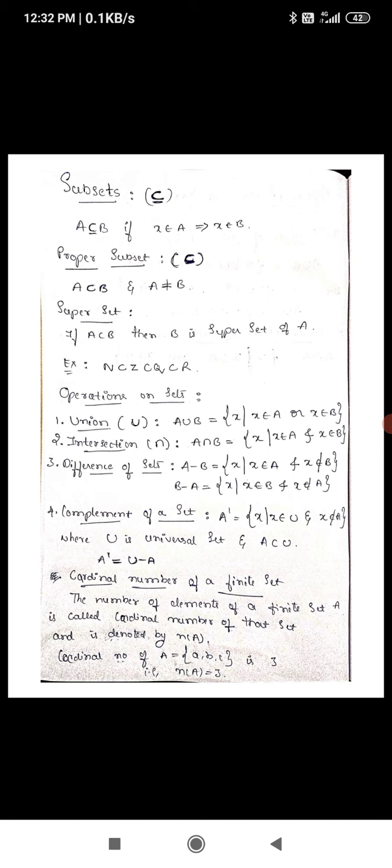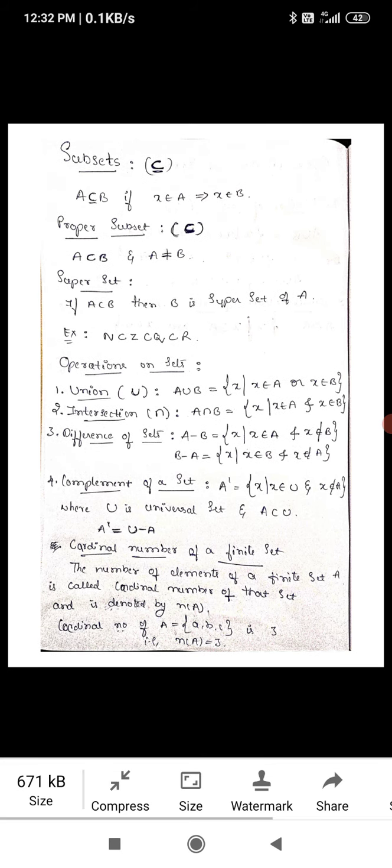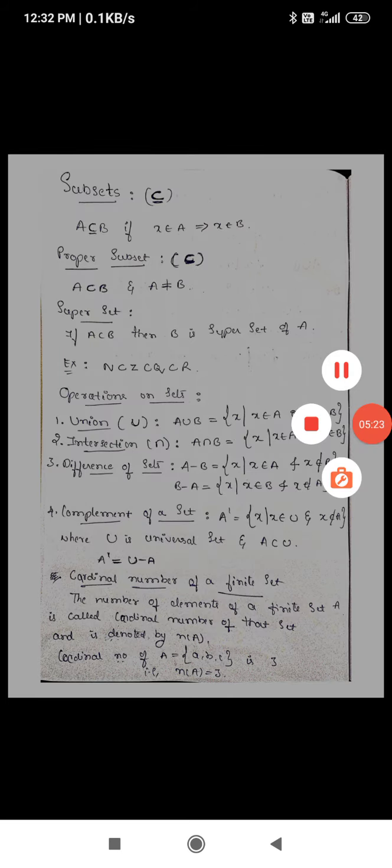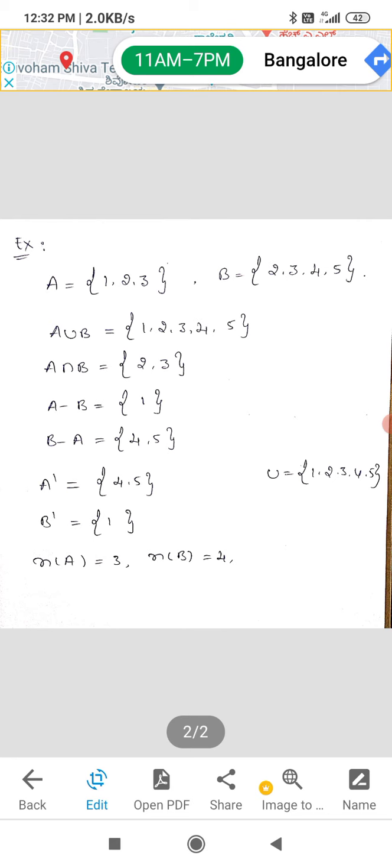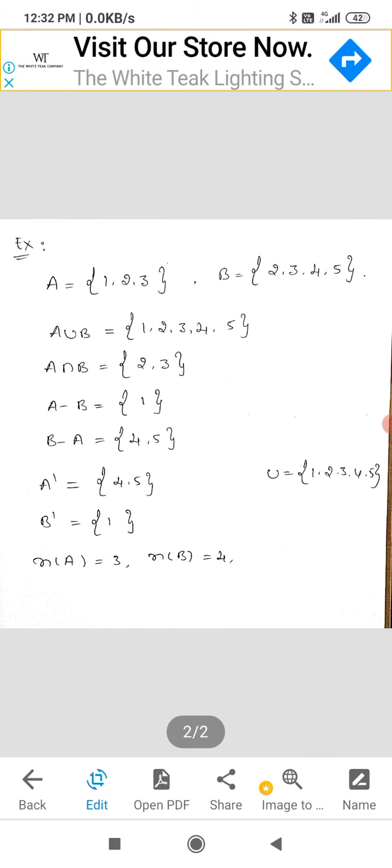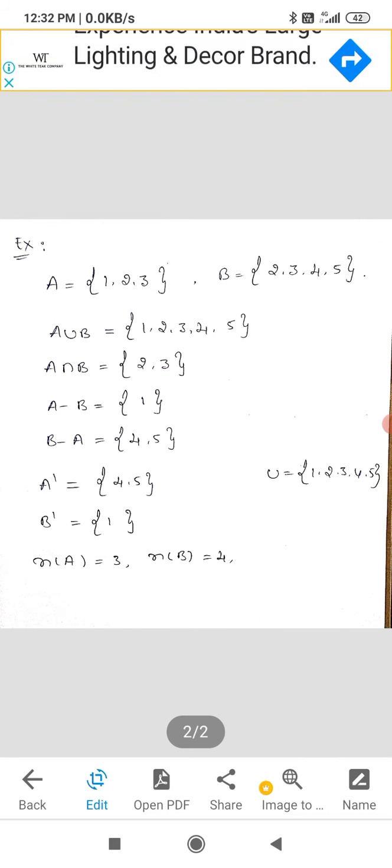Let us see some examples for union, intersection, difference, complement. Let A be equal to {1, 2, 3} and B be equal to {2, 3, 4, 5}.